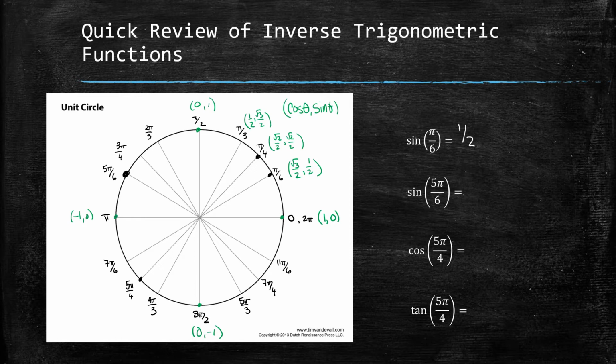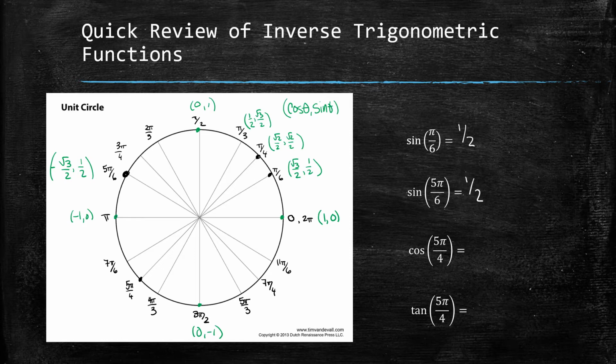So when I label the values for sine and cosine, I still need rad 3 over 2 and 1/2 for cosine and sine, but since I've gone to the left to get to the second quadrant, my cosine value is negative, and I still go up a 1/2 unit, so the sine value remains positive. Okay, so at sine of 5 pi over 6, the sine value is still 1/2.